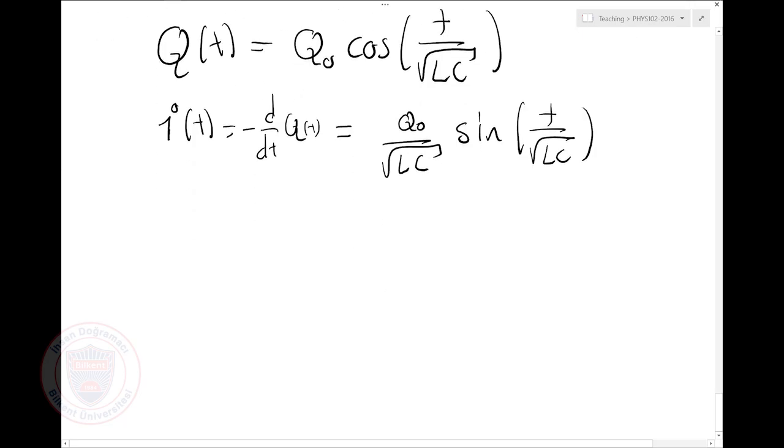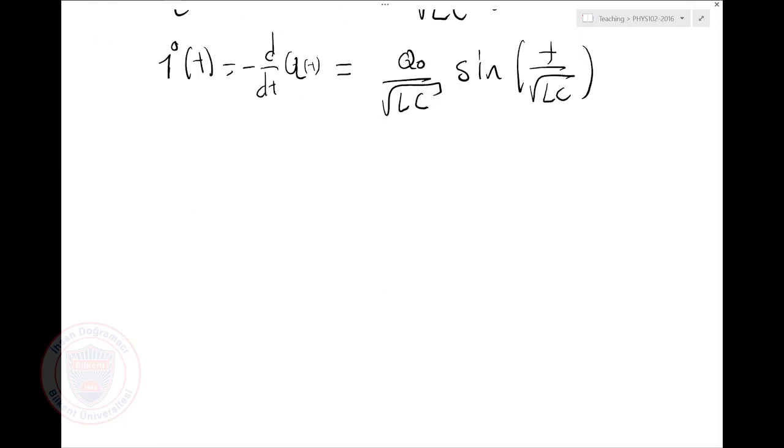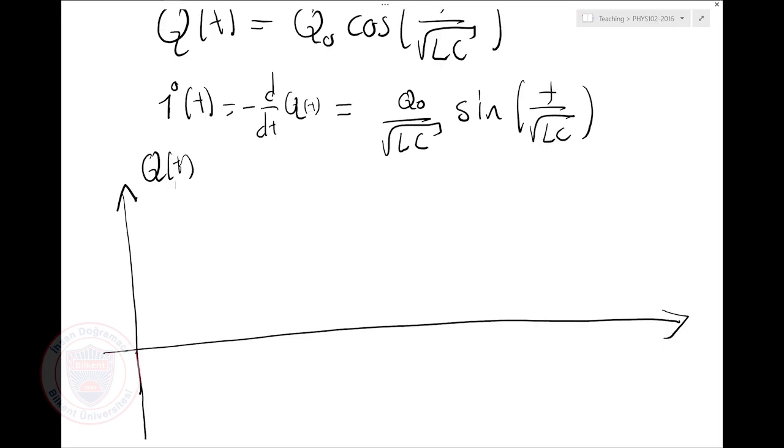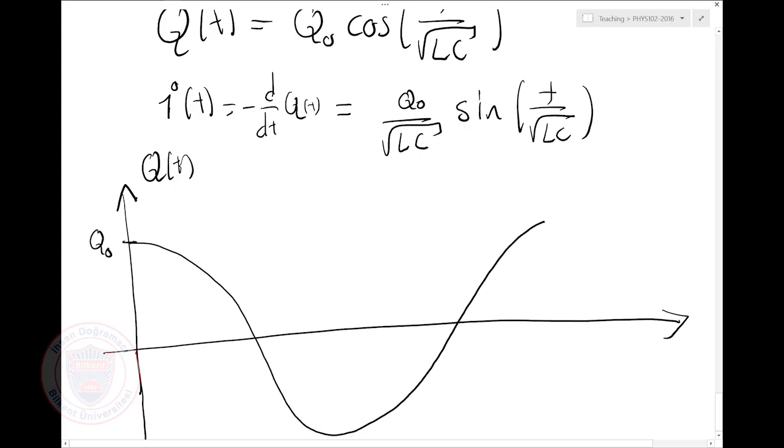So what does this circuit do if I plot, let's say, the charge as a function of time? It's a simple oscillating cosine. It starts at the value of Q0 and does all these nice oscillations.